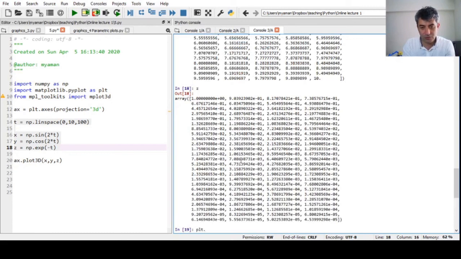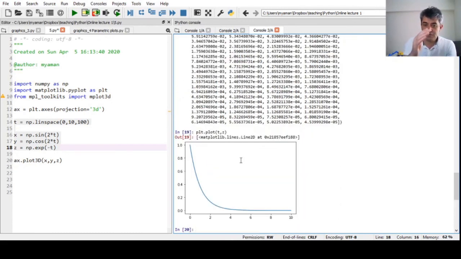If I plot t versus z, it is an exponential decay from 1 to 0. So the z value will go from 1 and slowly to 0, the velocity becoming slower and slower as it approaches 10.